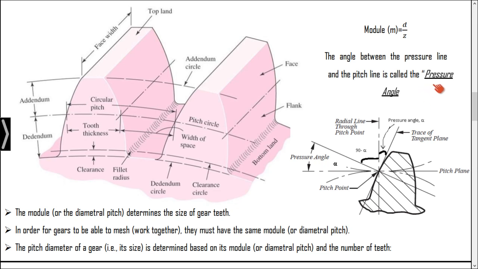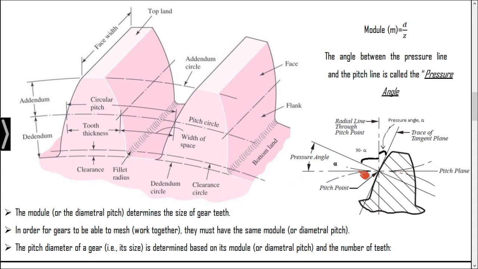Now comes the pressure angle. What do you mean by pressure angle? See, when two gears are in contact, this is the pitch point. At this pitch point, if you draw a normal to this curve, this is going to be the normal. And if you take the tangent of the pitch circles, this is one pitch circle, this is a second pitch circle.